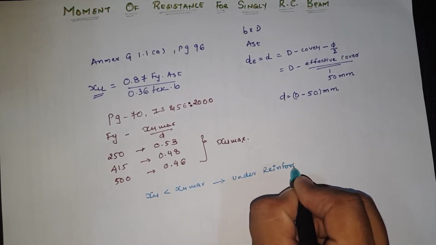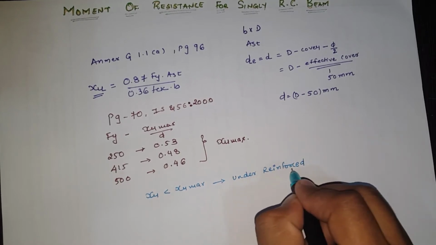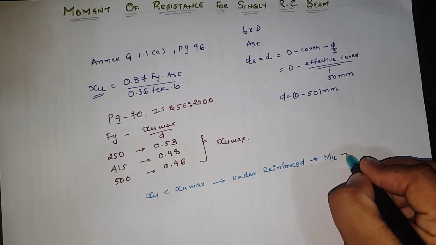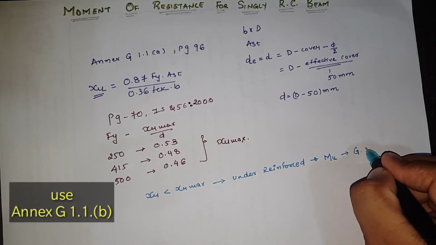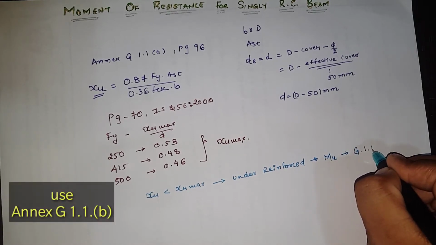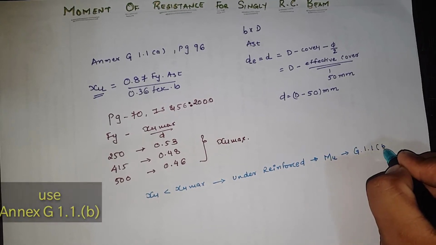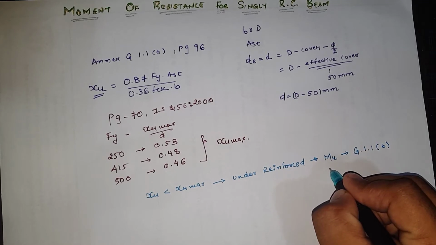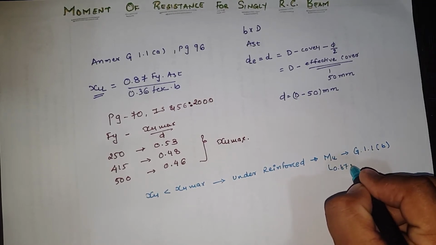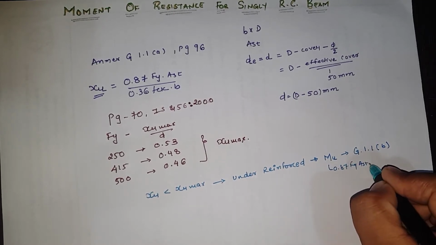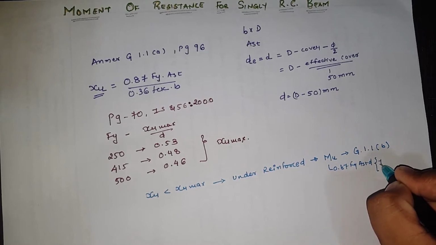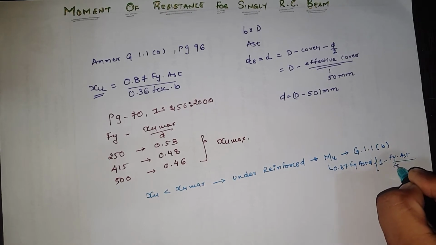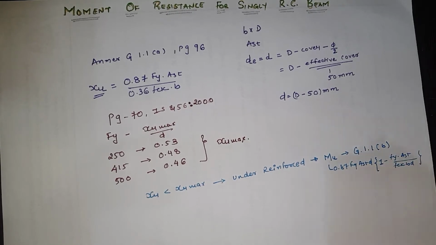For an under reinforced section, we use the moment of resistance equation from Annex G 1.1 b: Mu equals 0.87 Fy Ast into d, in bracket, 1 minus Fy Ast by fck b d.